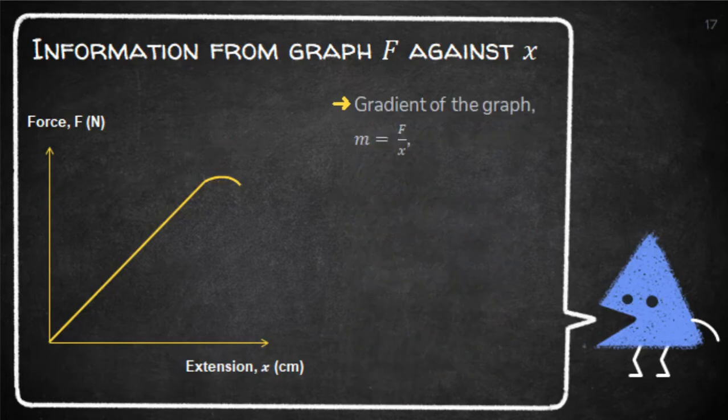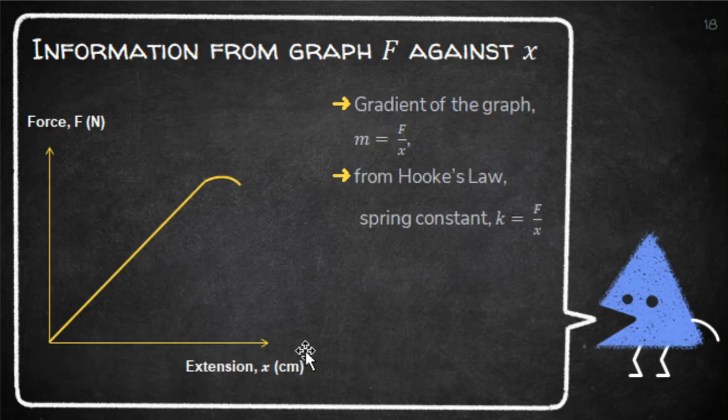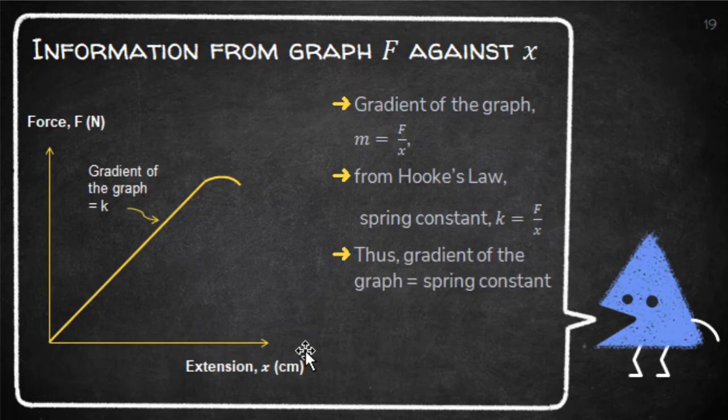Get it? Next, gradient of the graph M equal to F over X. From Hooke's law, spring constant K equal to F over X. Thus, gradient of the graph equal to spring constant.